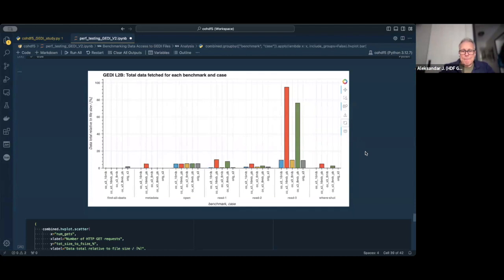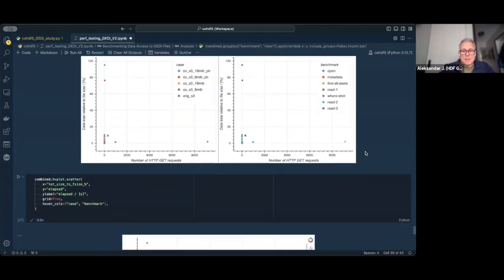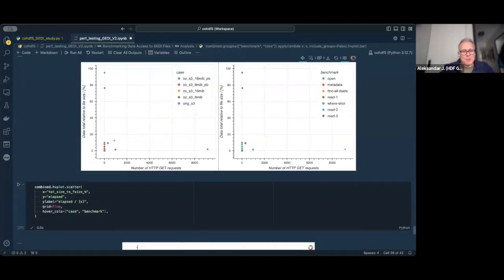So that's how it is. And then later I started plotting these things where I'm doing number of requests and total retrieval of file content. Obviously, what you want, if you look like this, you want to be in this bottom left corner. So not many requests, not too much data. But this is only those two things.